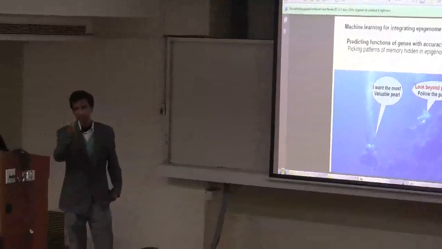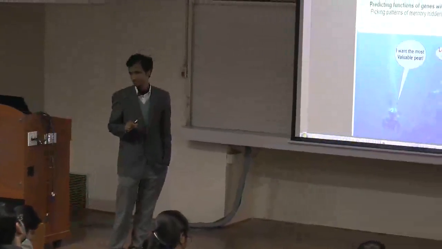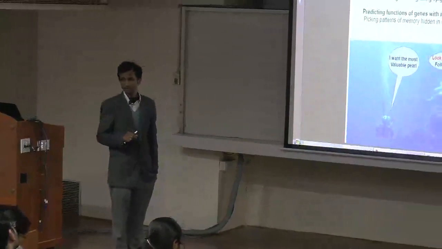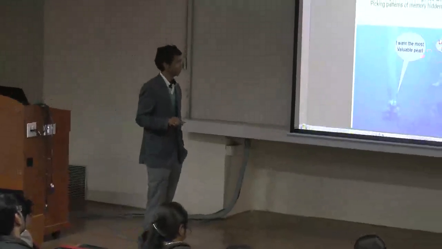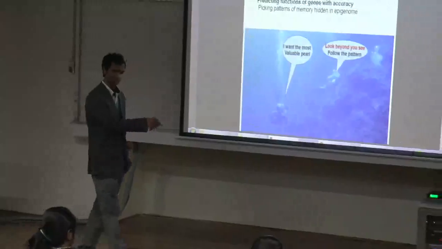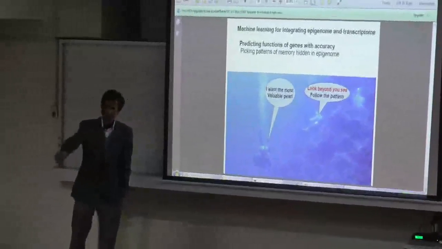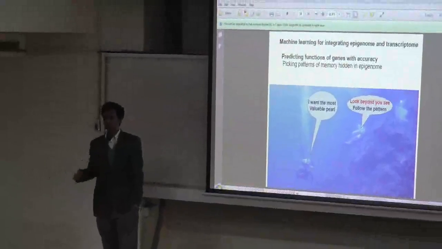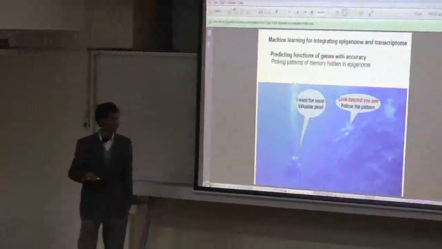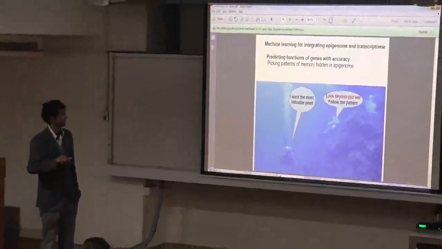You have to look beyond your sea and follow the pattern. The most valuable pearl might be lying there, but you have to follow the pattern of the ridges where the oyster might be lying. So basically, it's the pattern in the epigenome. The next challenge is doing machine learning on the patterns.